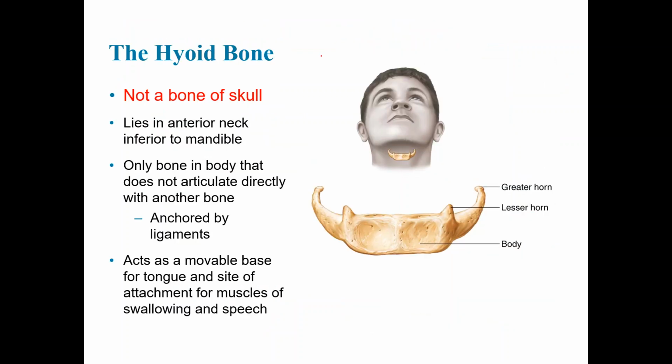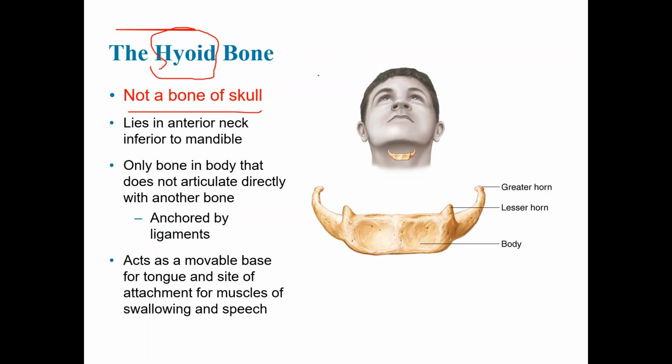The last bone I want to talk about is a bone that belongs nowhere. It's a bone on its own, the hyoid bone. It's not a bone of the skull. I'm talking about it right now because, again, it belongs nowhere. Because we're now talking about the axial skeleton, and we're done with the skull, but we're going to talk about the vertebrae soon.